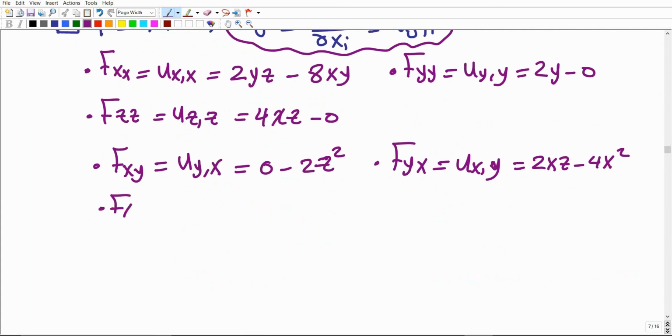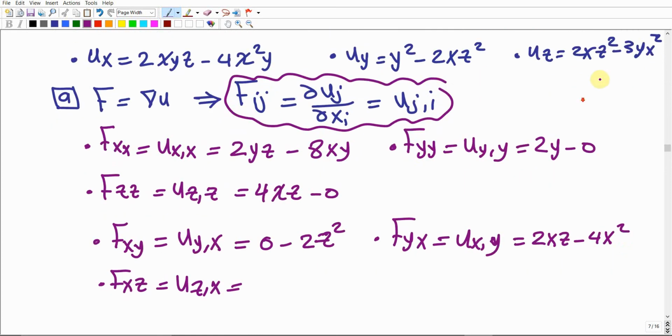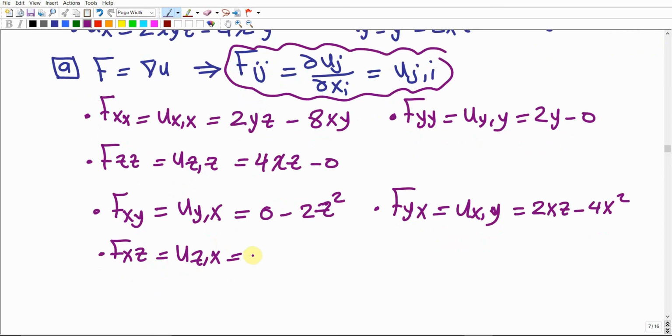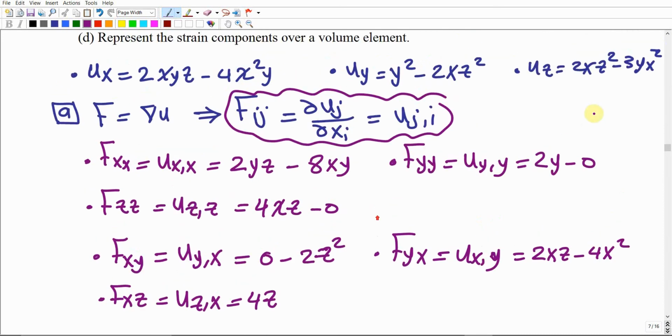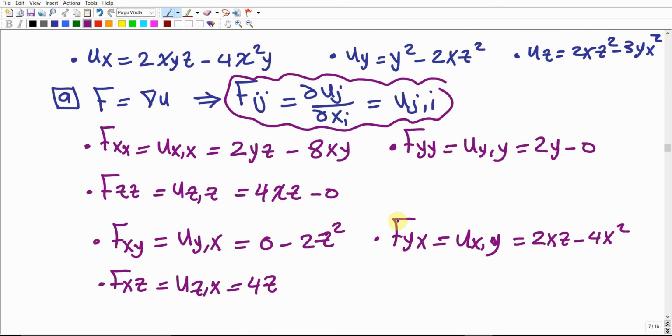How about the Fxz? The Fxz will be u_z comma x, and u_z comma x is going to be 2z squared, because we differentiate with respect to x, negative the 6yx, right?